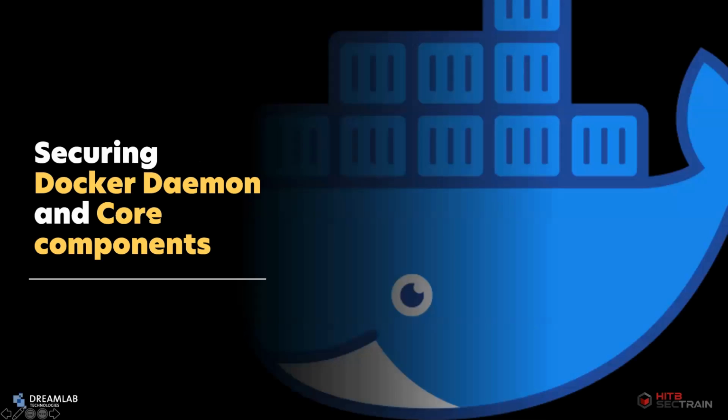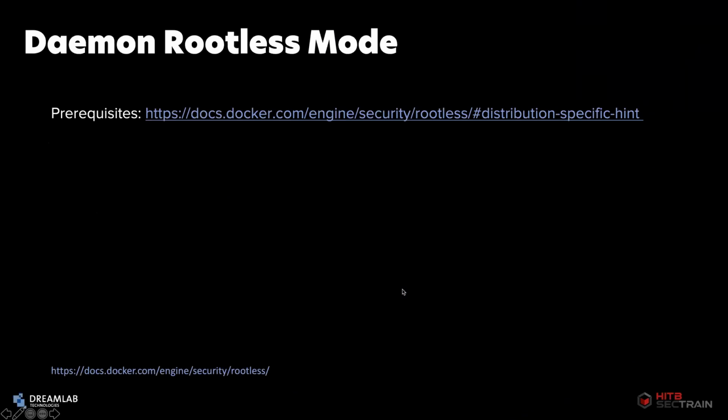First, as I said, we will talk about the Docker daemon and core components. In a normal Docker installation, the Docker daemon runs as root. But we can address this by using the rootless kit. It allows us to run the Docker daemon within the user namespace.